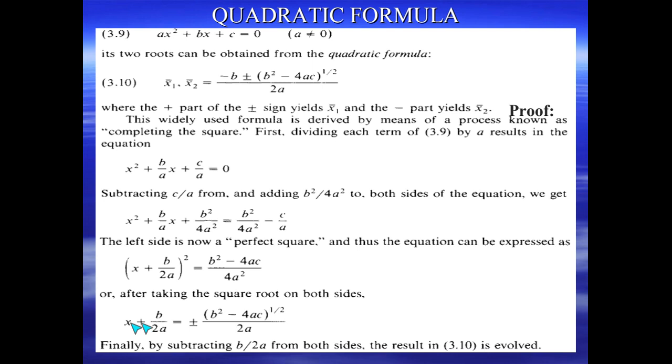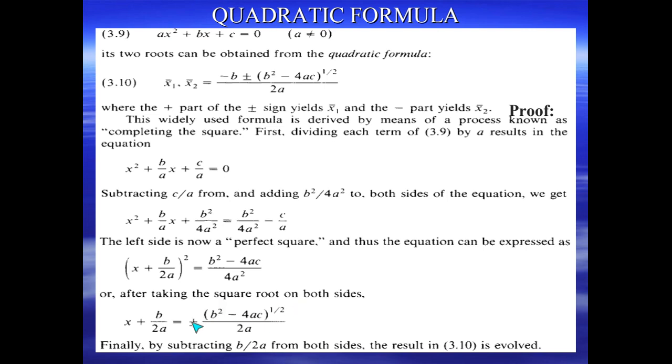So what we obtain here is x plus b over 2a equals plus or minus the square root of b squared minus 4ac over 4a squared. The square root of the whole thing can also be divided into the square root of the numerator and the square root of the denominator. But 4a squared is already positive, so I can take it as 2a.